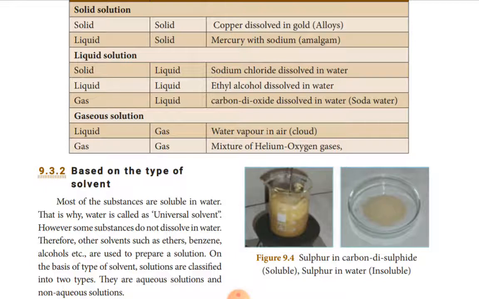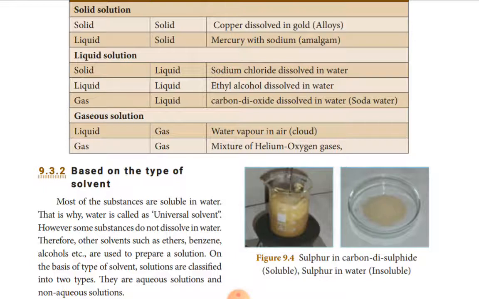Then in this mixture of helium, oxygen gases, helium is an inactive one, which is less soluble in blood. The helium is very less soluble in blood. That's why helium is used to mix with oxygen.